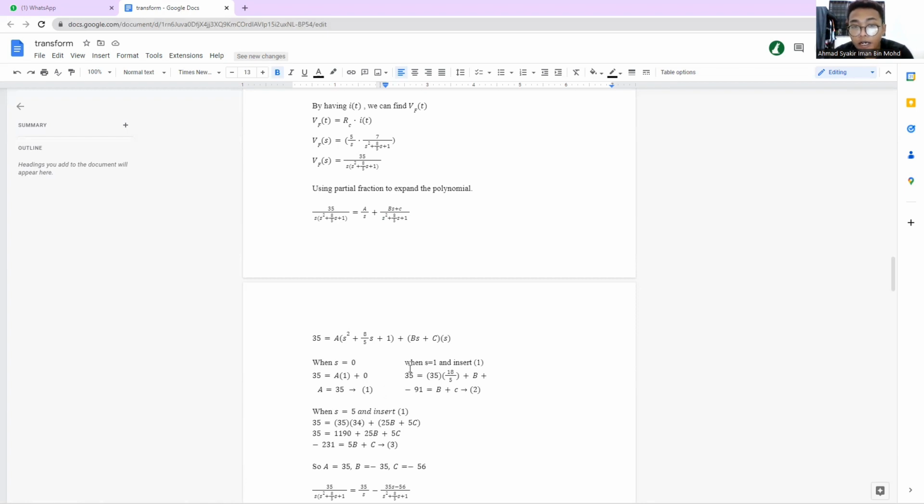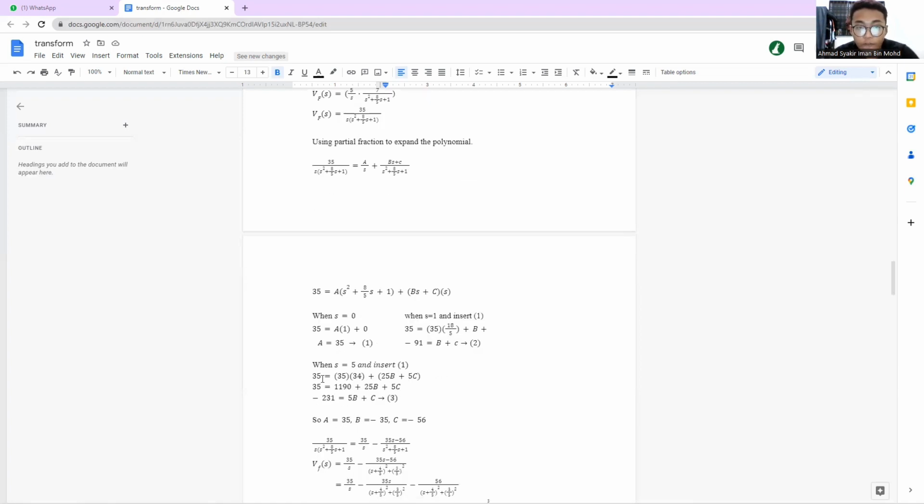Next, we use when s equal to 1 and insert equation 1. So we got 35 equal to 35 multiplied by 18 over 5 plus B plus C, so negative 1 equal to B plus C. This is the second equation.